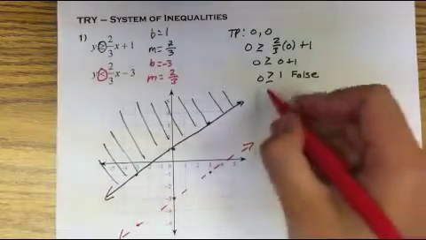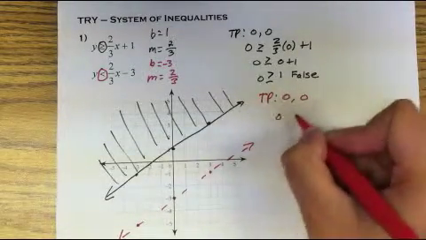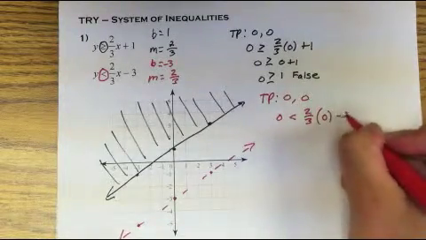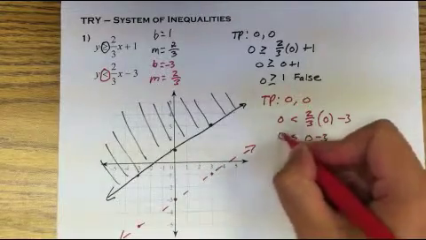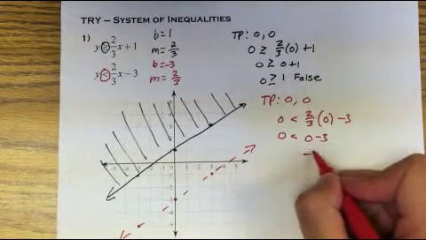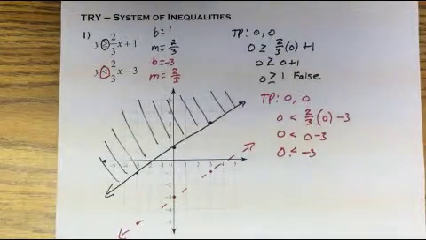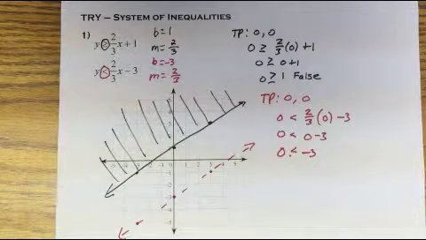Second equation, I also chose the 0, 0 test point. 0 goes into y. 0 goes into x. 0 times 2/3 again is 0. 0 minus 3 is -3. Okay, is 0 less than -3?